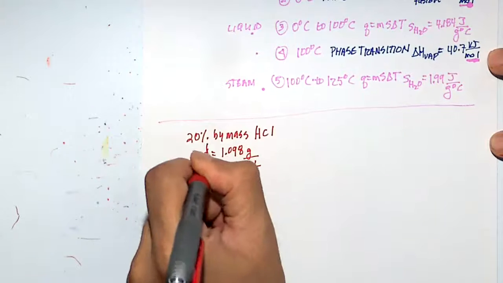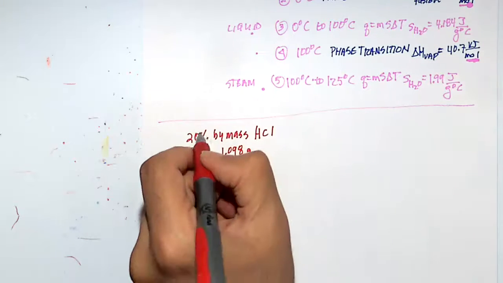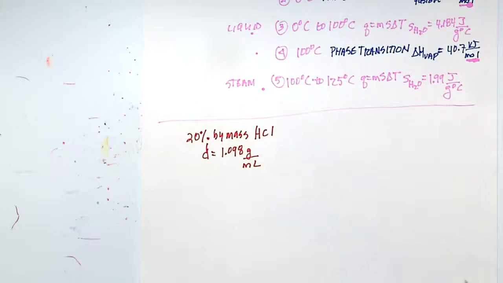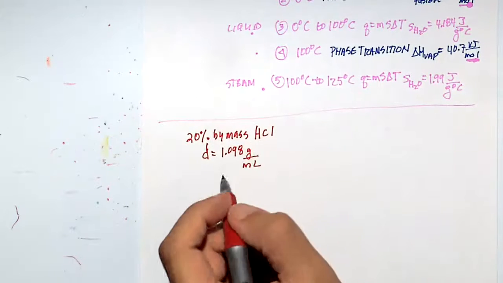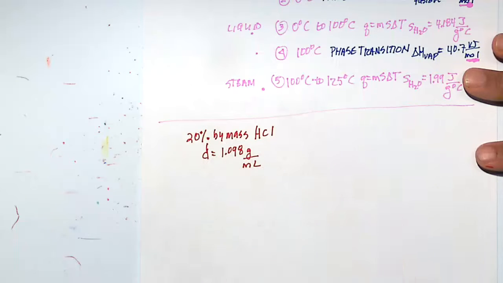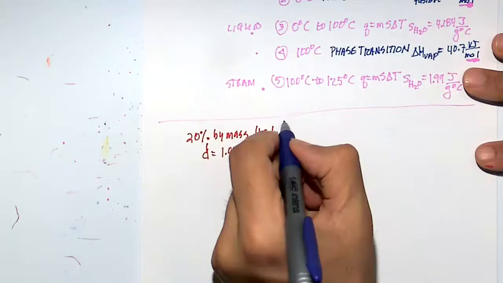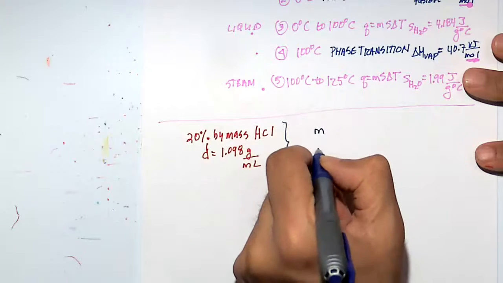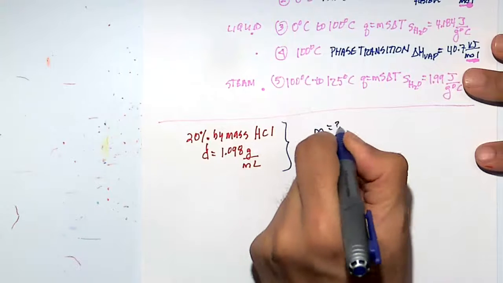That's its density D. And the mass percentage is 20%. So 20% by mass HCl is the concentration. Density is given in the problem. So question to you guys is, what is the molality, small m, and what is the molarity, big M?